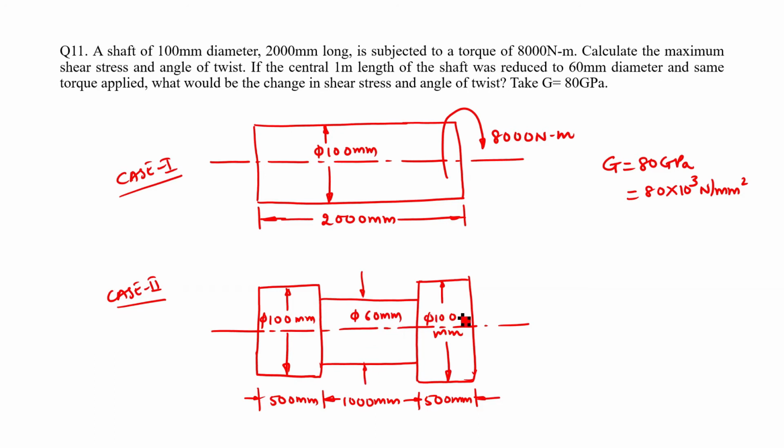Now I need to calculate the change in shear stress and angle of twist. Now here it is given as 8000 Newton meter. So on the other side, you can either show fixed or you can also show as 8000 Newton meter. That is the value of torque given. I will convert this into Newton mm.